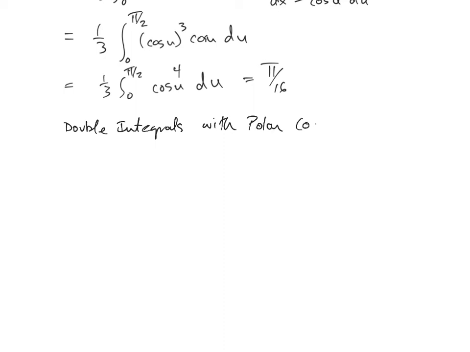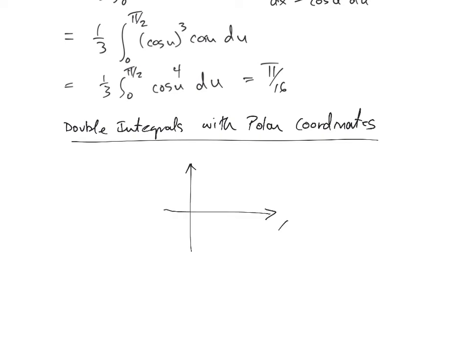And I believe you've probably run into polar coordinates already, right? You've run into them somewhere along the line in the last year and a bit. If not, just to remind you what polar coordinates are, they are two-dimensional coordinates. So we're still dealing in the xy plane, but now instead of giving coordinates x, y for a point like that in the xy plane, we're going to use r and theta, where r is the distance from the origin, and theta is the angle counterclockwise from the positive x-axis.